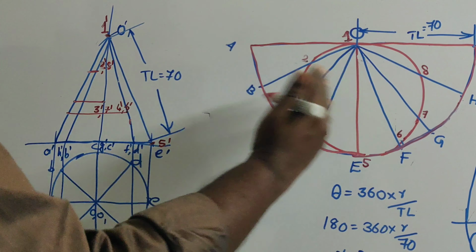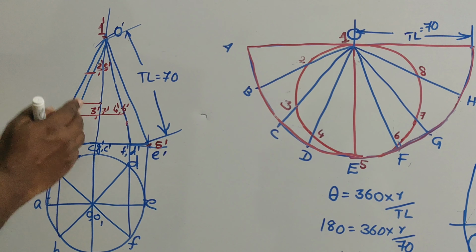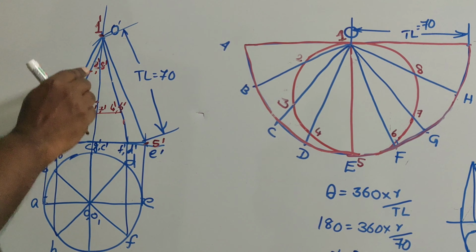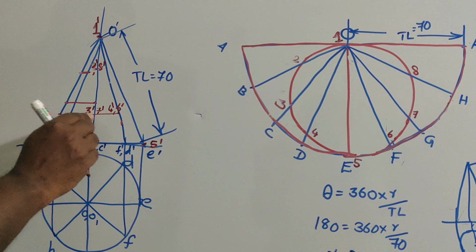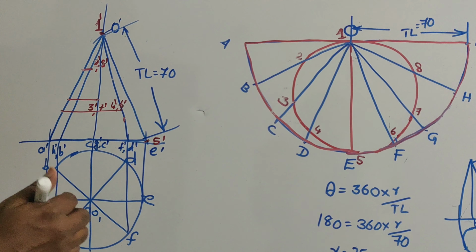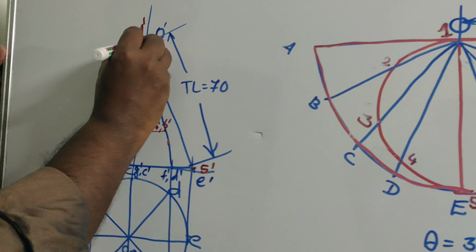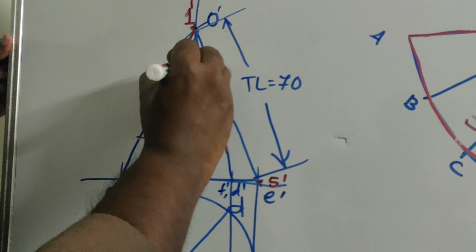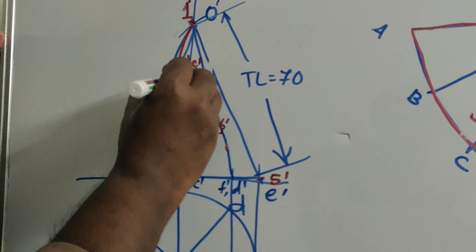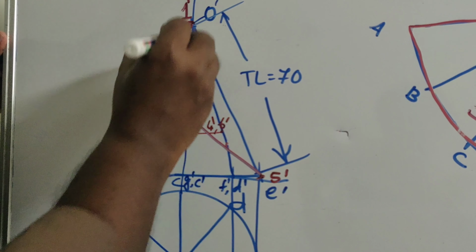Because of mirror image or symmetry, you can have the same points, say there is a combination of points as 2, 8, 3, 7, 4, 6, starting from 1 and ending at 5. Now we can have a smooth curve connecting all these points, say 1 dash, 2 dash, 3 dash, 4 dash and 5 dash.